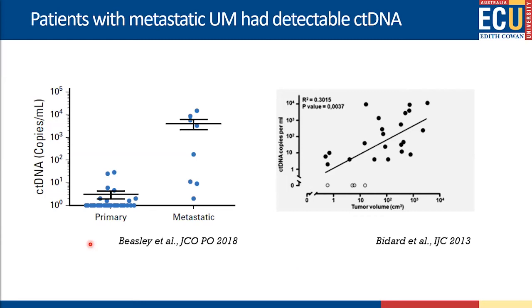However, patients with primary disease have very little of this tumor DNA. Patients with metastatic disease have an elevated amount of circulating tumor DNA. And from previous work from the Institut Curie in France, it was demonstrated that the amount of circulating tumor DNA in patients correlates with the tumor volume in patients with metastatic disease.